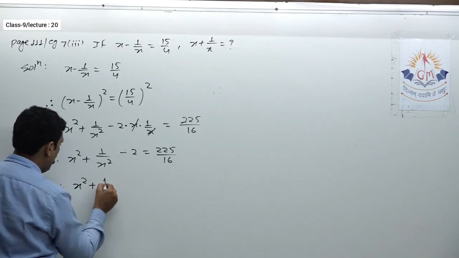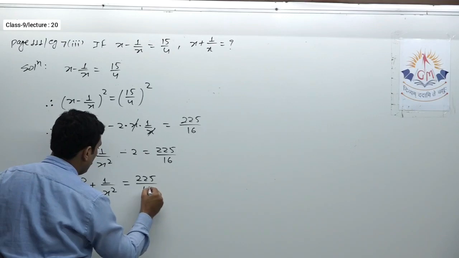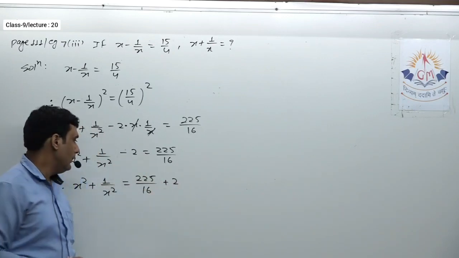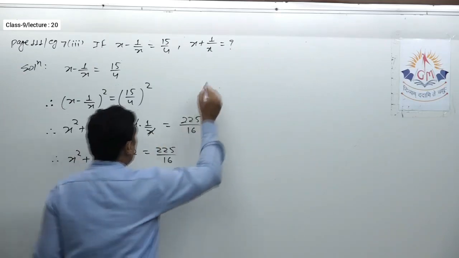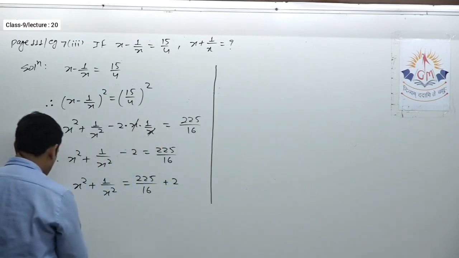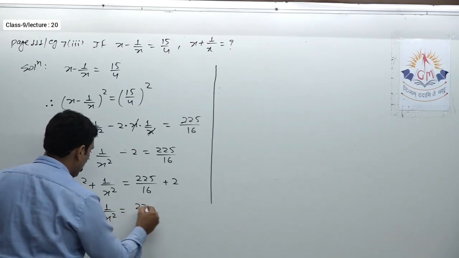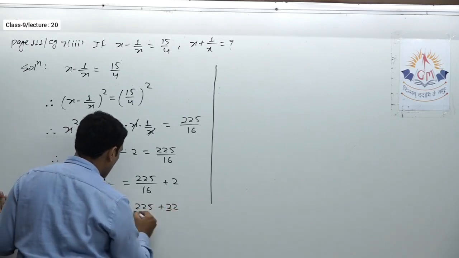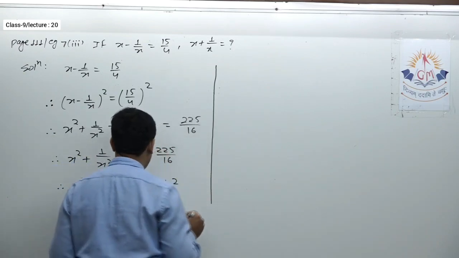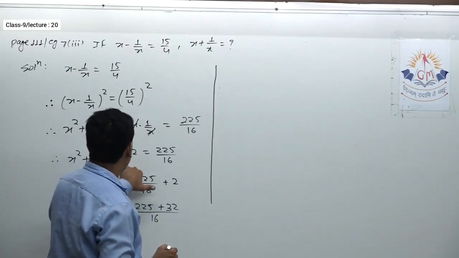So x square plus 1 upon x square is equal to 225 upon 16 plus 2. When this minus 2 comes over here, it becomes plus 2. So ultimately I will get the value of x square plus 1 upon x square. Therefore x square plus 1 upon x square is equal to 225 plus 32 upon 16, a square plus b square minus 2ab.